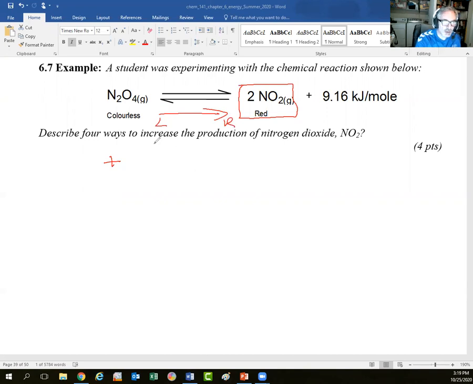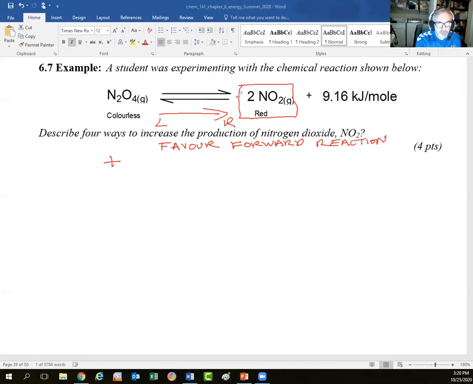We are actually talking about methods that would favor the forward reaction. Anytime the forward reaction is favored, here we produce more nitrogen dioxide. So that's maybe an easier or more straightforward way of thinking of the question.